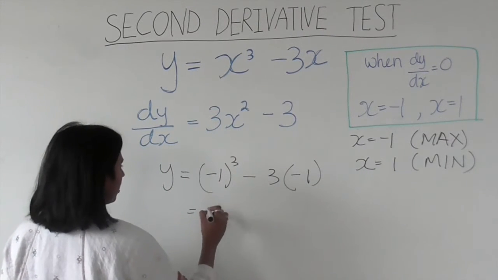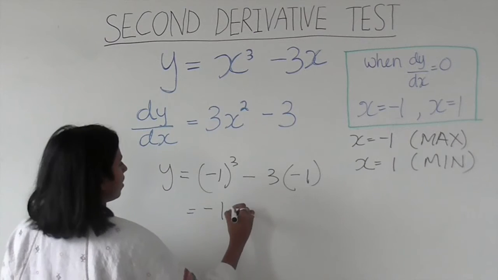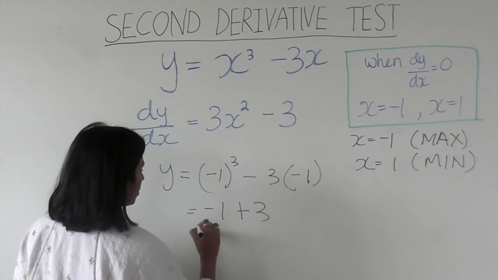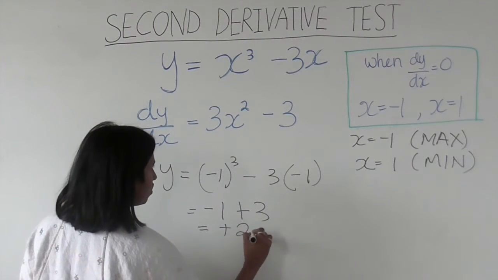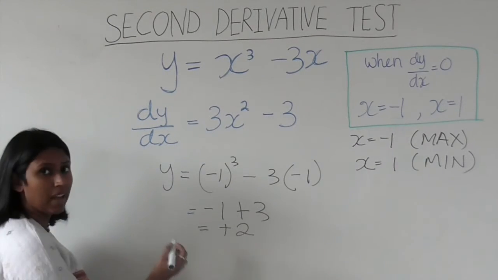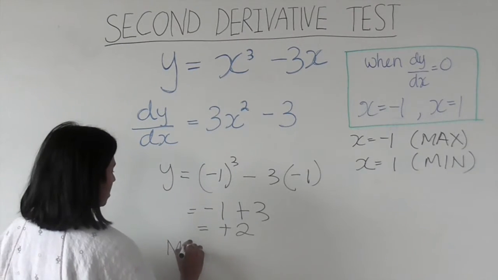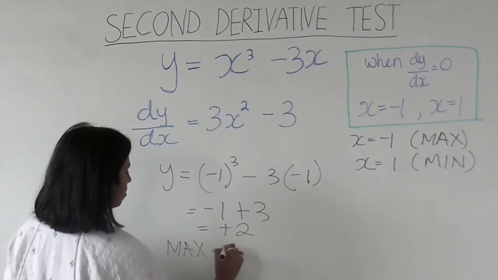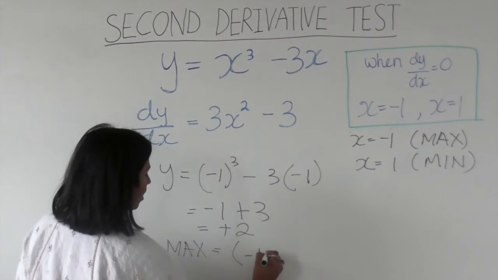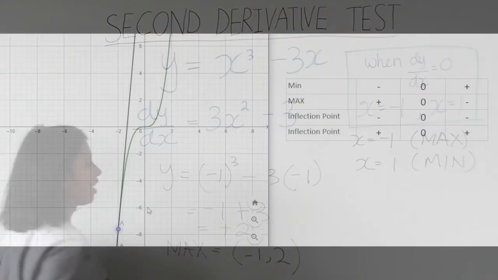So here you have again negative 1 plus 3, which is plus 2. So the coordinates for the maximum will be at point negative 1, 2.